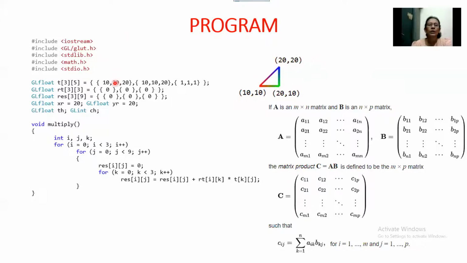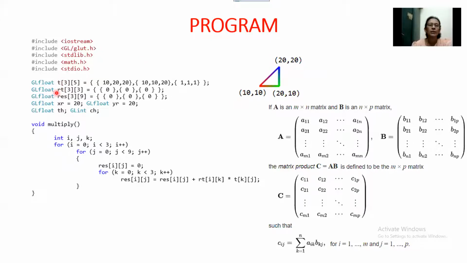The first array gives you the x coordinates: 10, 20, 20. The second array gives you 10, 10, 20. The third array gives you 1, 1, 1, corresponding to the homogeneous coordinates. So T defines the triangle for you.